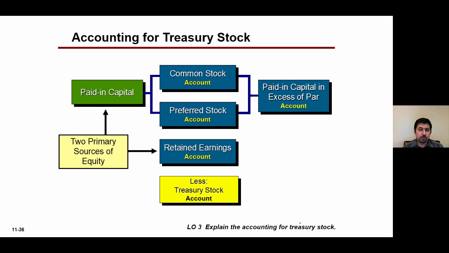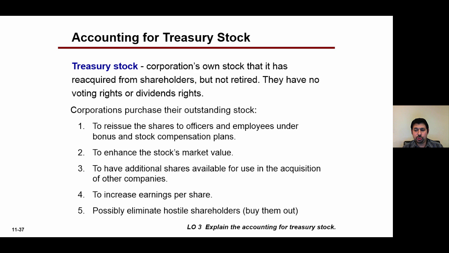Now, we talked about common stock, paid in capital and retained earnings. However, there is also another account that we need to take into consideration, and that is treasury stock. Treasury stock is the portion of shares that the company keeps in their treasury.